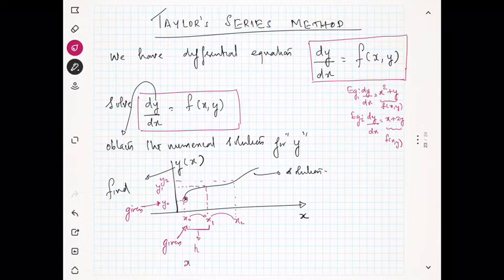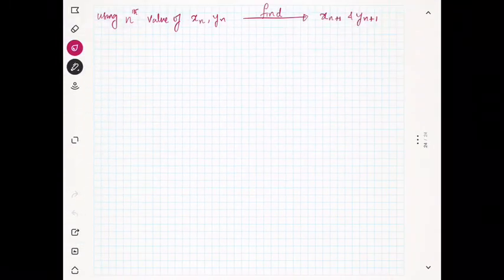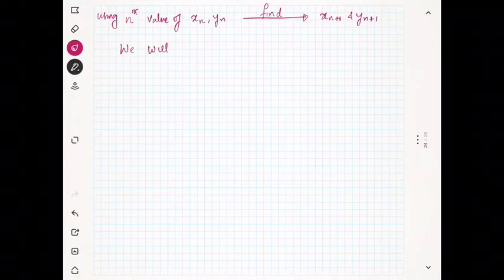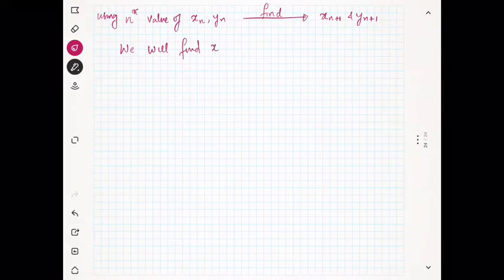So you can write x1 is equal to x naught plus h. Then x2 is x1 plus h, and x1 is x naught plus h, then plus h, so x2 can be written as x naught plus 2h. So we will find xn by using x naught.